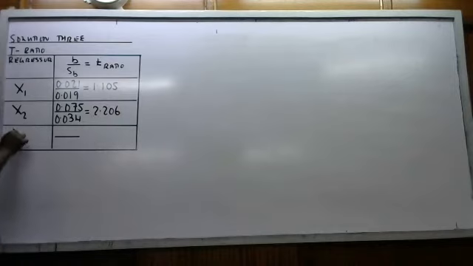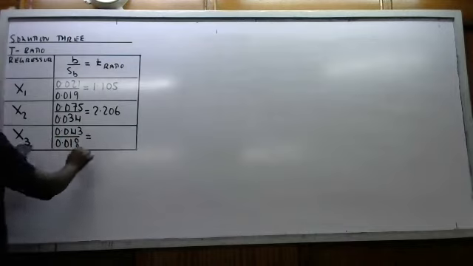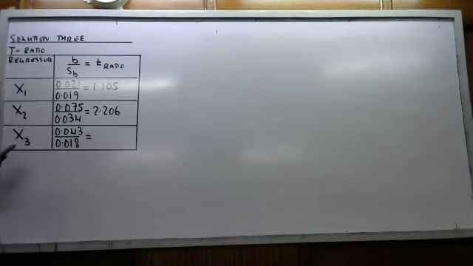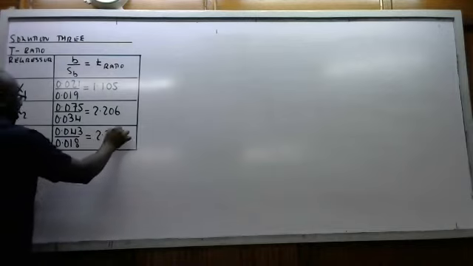That gives 2.206. X3 is 0.043. You divide by 0.018. Two point 389.